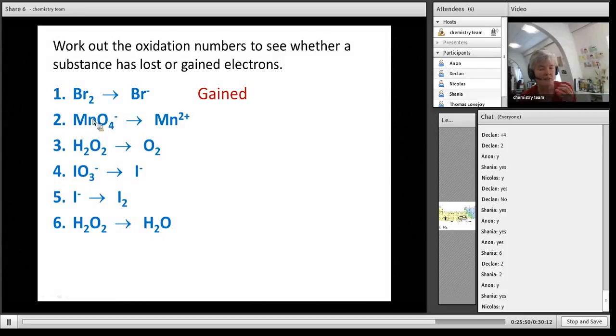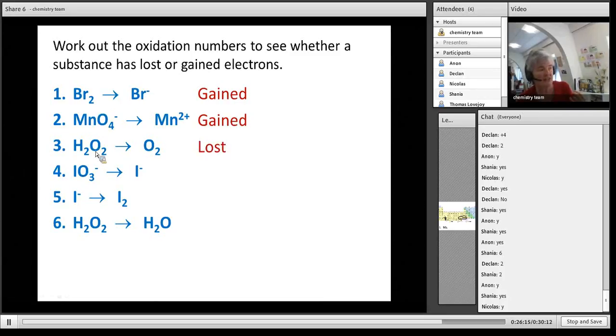Permanganate will actually always gain. It can never lose because it can't go more positive than what it already is, because it goes from +7, if you worked it out, to +2. So it's gained 5 electrons. There, each bromine atom has gained 1 electron, or one bromine molecule has gained 2 electrons.